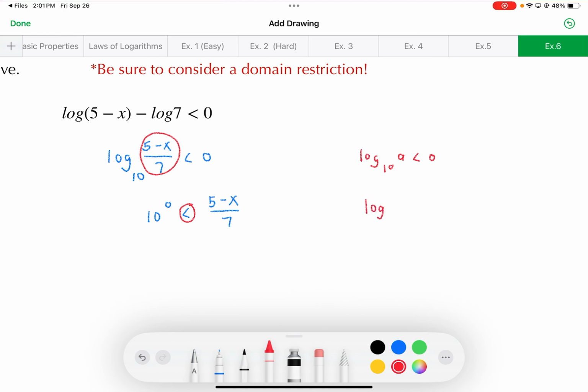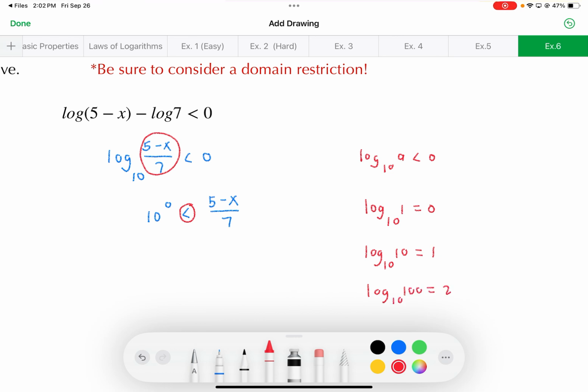So starting with, what's log base 10 of 1? That's exactly 0, right? Okay, now, what's log base 10 of 10? 1. Log base 10 of 100?